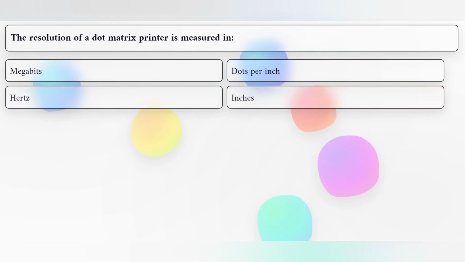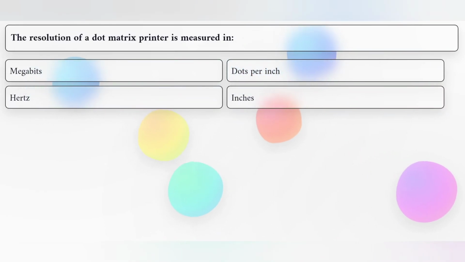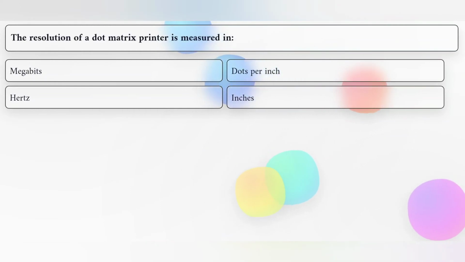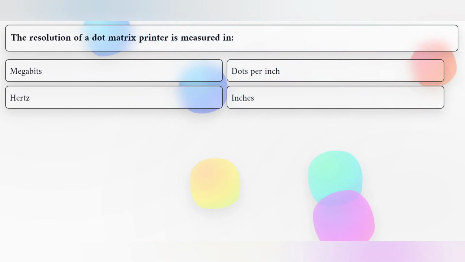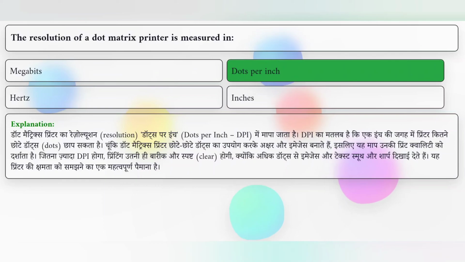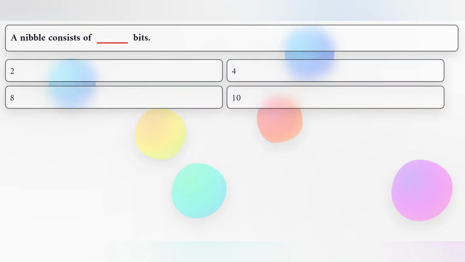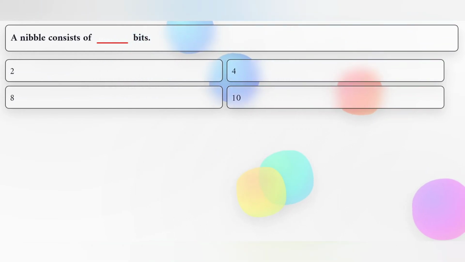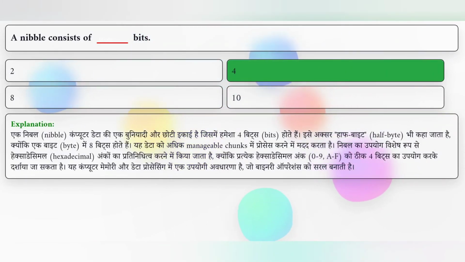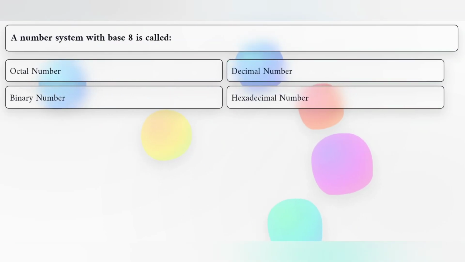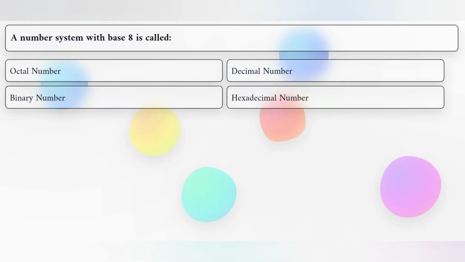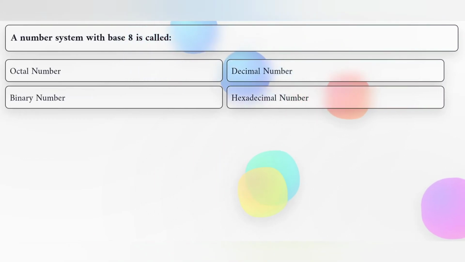The resolution of a dot matrix printer is measured in megabits, dots per inch, hertz, inches. A nibble consists of blank bits 2, 4, 8, 10. A number system with base 8 is called octal number, decimal number, binary number, hexadecimal number.